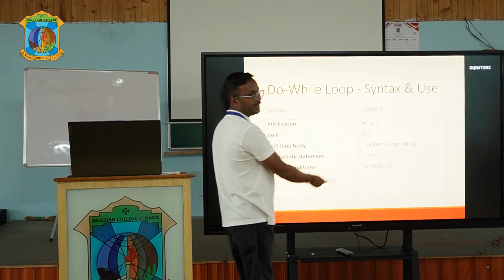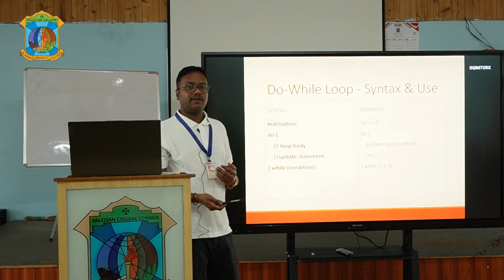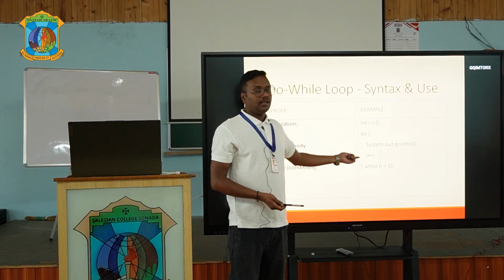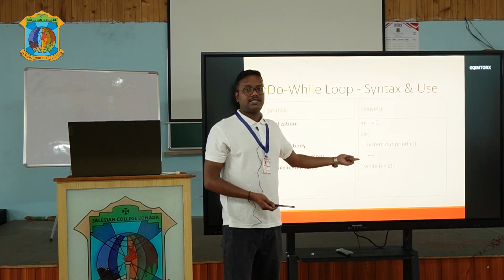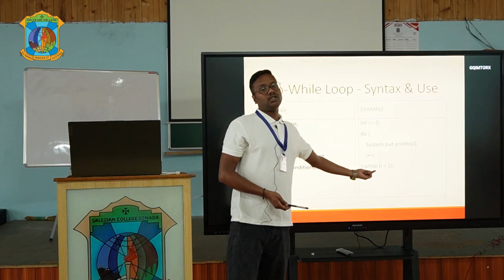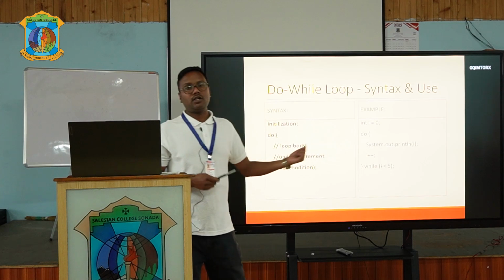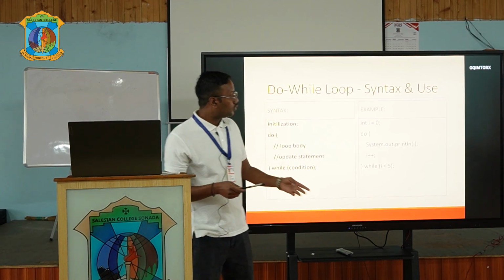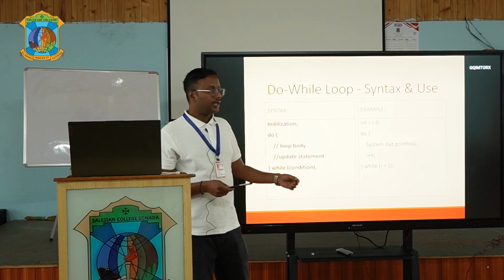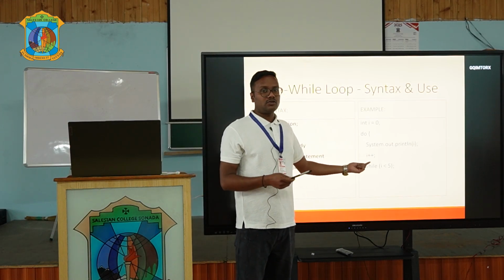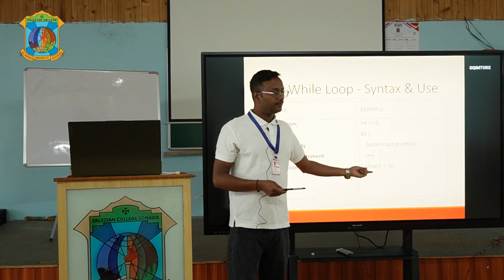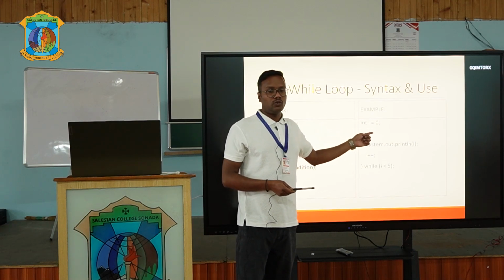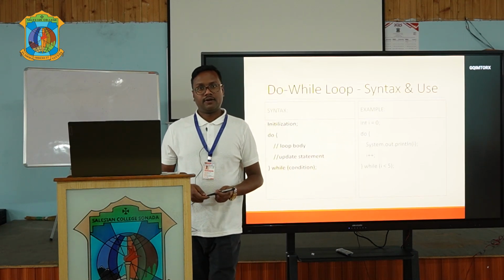It is going to print the value of i, then i will get incremented, i++ is there, and then the condition will get checked. If the condition is true, the do while loop will again repeat. Since the value of i right now is 1, which is less than or equal to 5, the do while loop will again repeat itself.